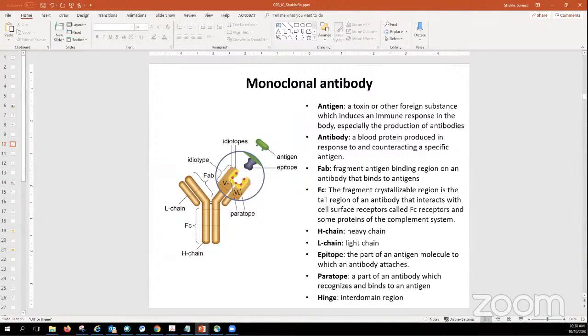It interacts with the cell surface receptors called FC receptors, and also some proteins of the complement system. Now, there are a heavy chain and a light chain associated with this structure, which is also shown in the figure here. Epitope is a part of the antigen molecule to which an antibody attaches, and paratope is a part of an antibody which recognizes and binds to the antigen molecule.